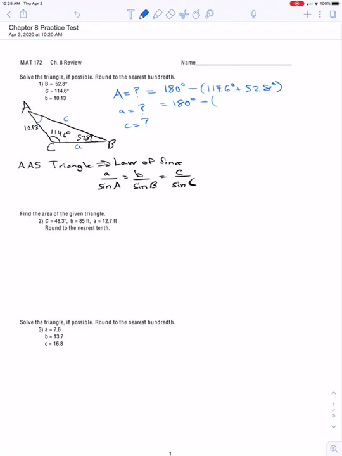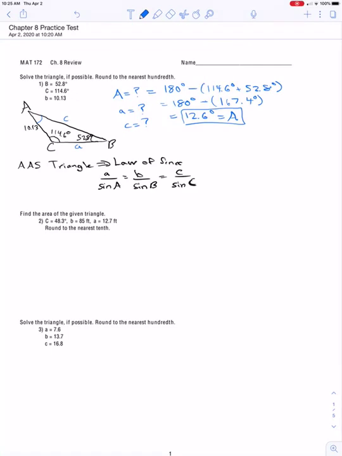As we add these two together, we get 167.4 degrees, and then as we subtract, we get 12.6 degrees. So angle A is 12.6 degrees. We've got 1/3 of our solution. We found A, and if we need to, we could label that.